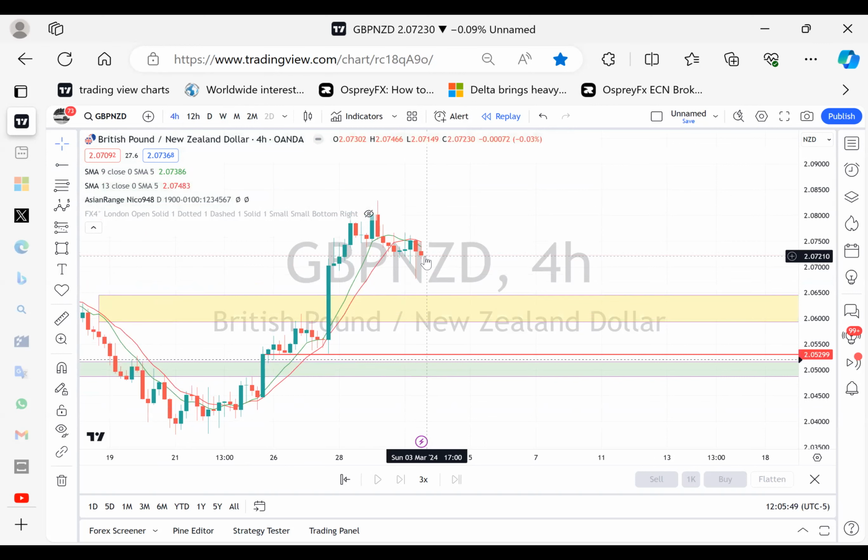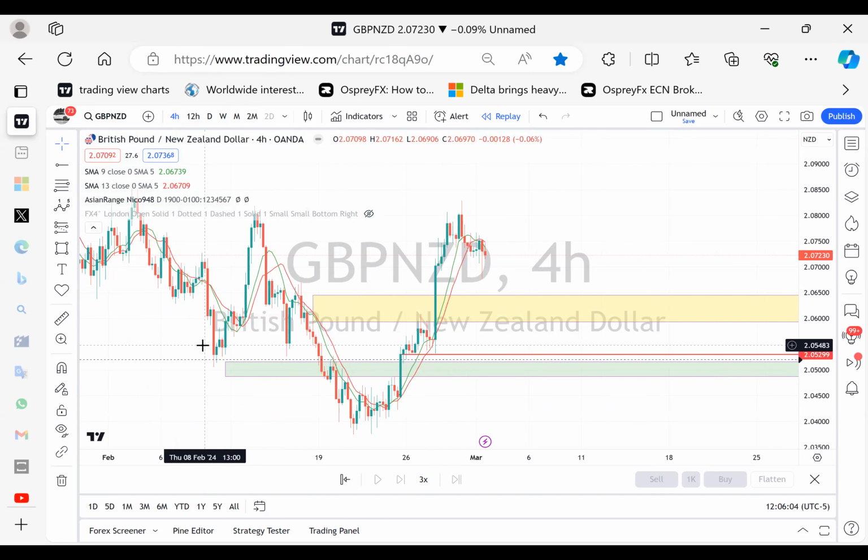So I could make an educated guess and say price is going to come back and deal with this imbalance at least, right? If it comes down further than that, then you've got all these wicks, these uncollected orders. Maybe this might be Kim's key level. I don't know. If she was on the call, she would say it's a key level because I'm doing it. She's probably gonna say it's not.